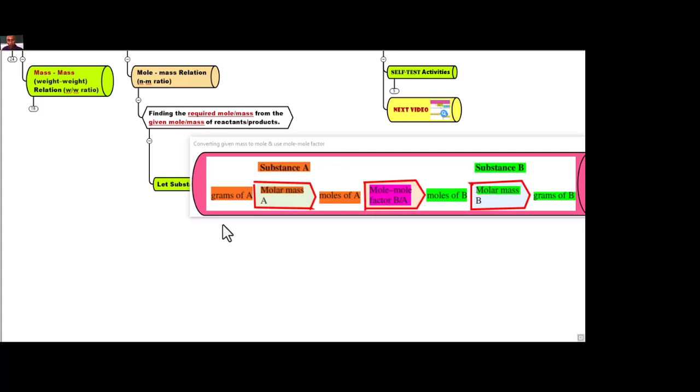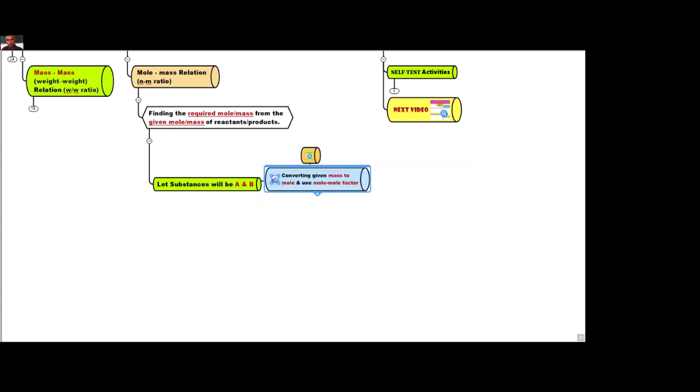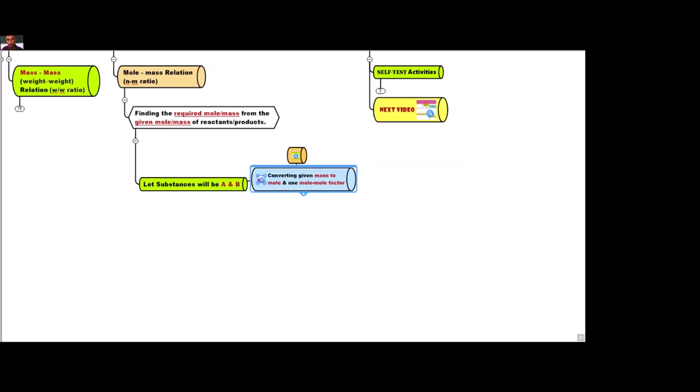First, change the given mass of A by using molar mass to the mole of A, and then use the mole factor to find the mole of B. After finding the mole, this mole of B can be changed into gram by using the molar mass. This is a way of calculating the mole-mass relation.